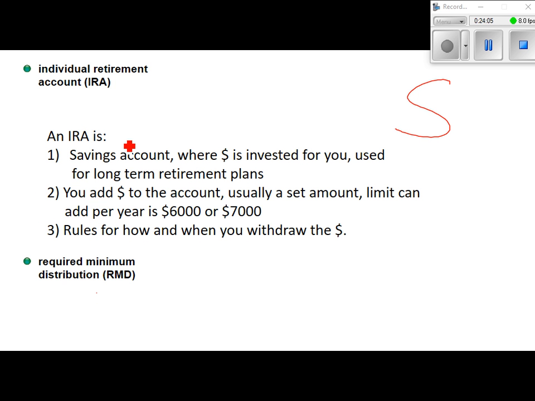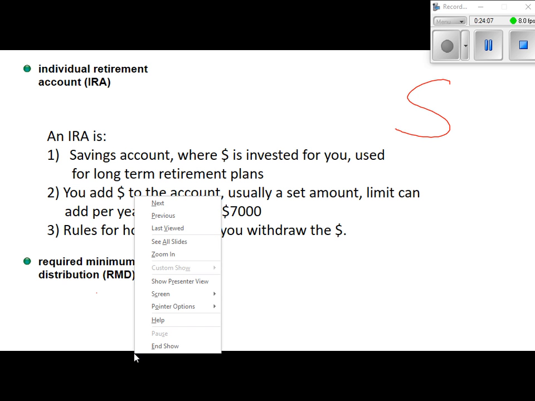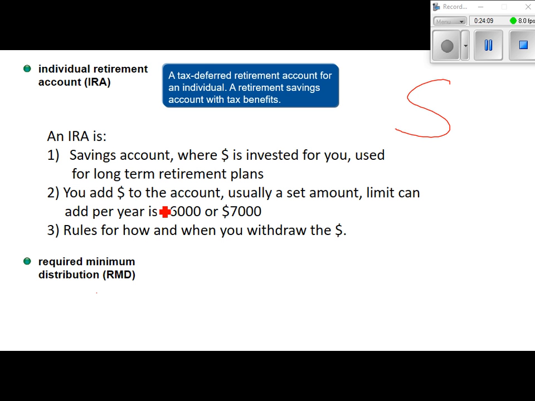The next thing is an IRA, an individual retirement plan. Make sure you write down your letter. An IRA is a tax-deferred retirement account for an individual. It's sort of a retirement savings account that has tax benefits. With an IRA, it's sort of a savings account where your money is invested for you.